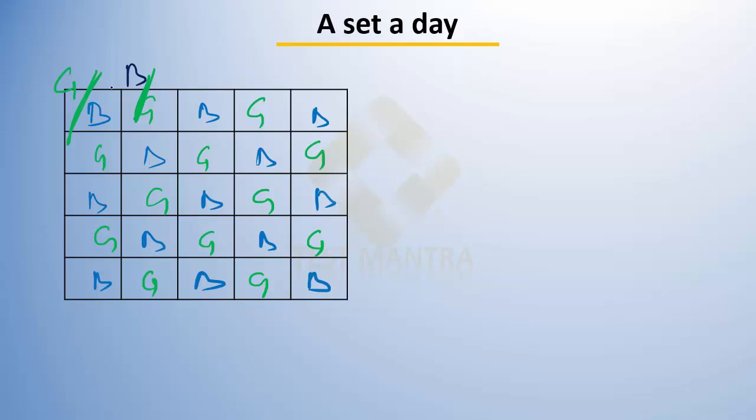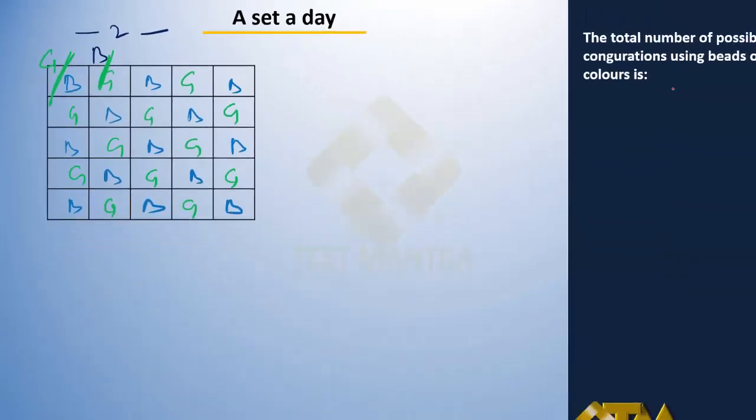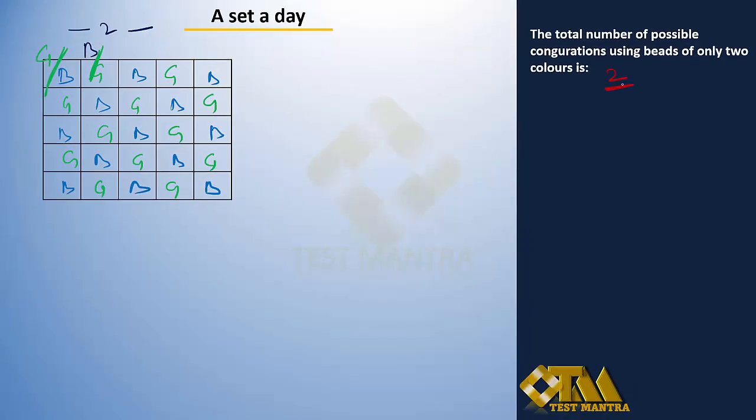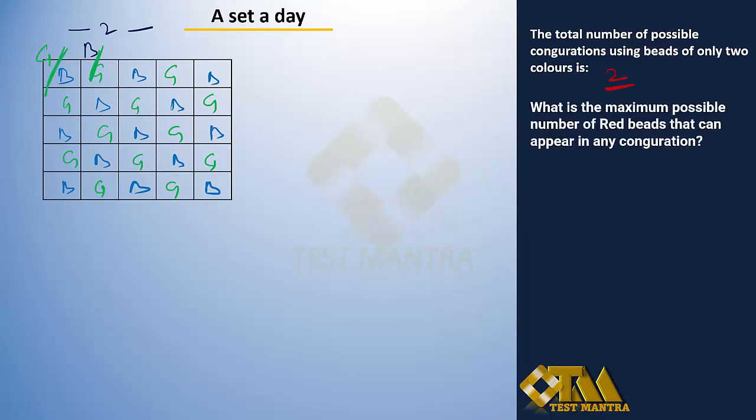So that represents I can have 2 types of configurations possible here, right? Similarly, what is the maximum possible number of red beads that can appear in any configuration, which we have already seen? The answer was nothing but 9, right?